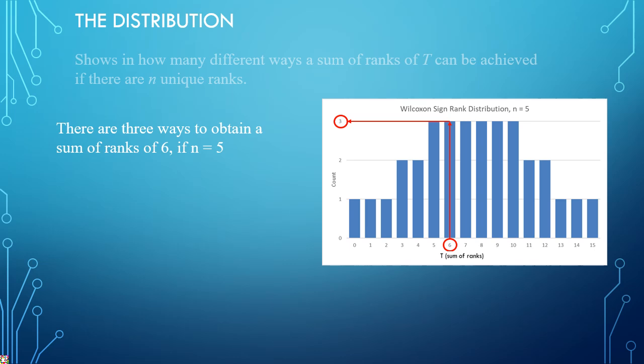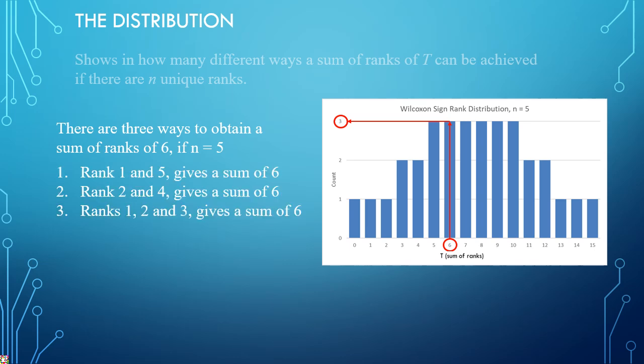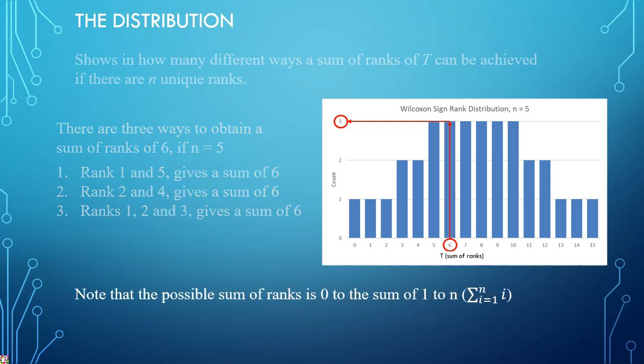Now, those 3 different ways would, of course, be if you have ranks 1 and 5, so 1 plus 5 equals 6. 2 and 4, so 2 plus 4 gives 6, and 1, 2, and 3 altogether also gives a sum of 6. Note, by the way, that the possible range is, of course, 0, which means that you don't have any ranks, and the largest one, in this case 15, would be the sum of 1 to n.